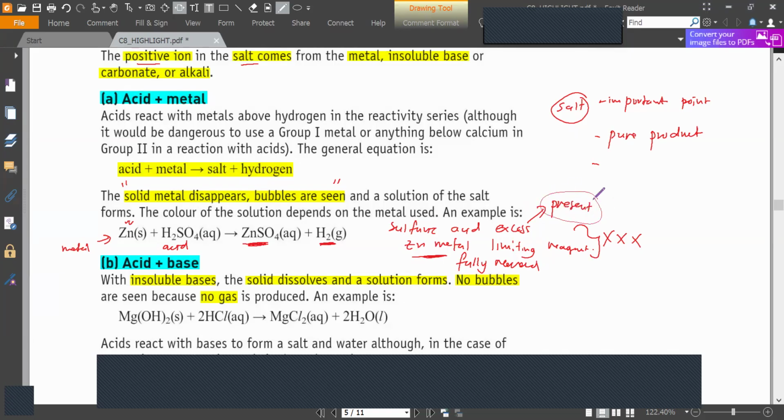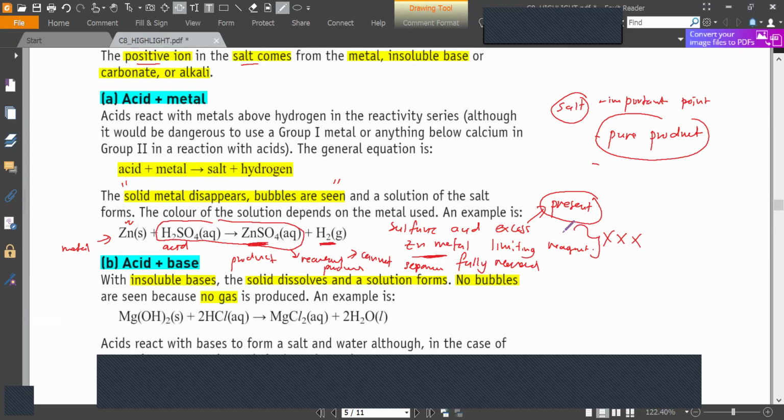Now our product has sulfuric acid and the salt mixed together. Reactant and product mixed together, we cannot separate, so we cannot get a pure product. This is not the correct way to do it.